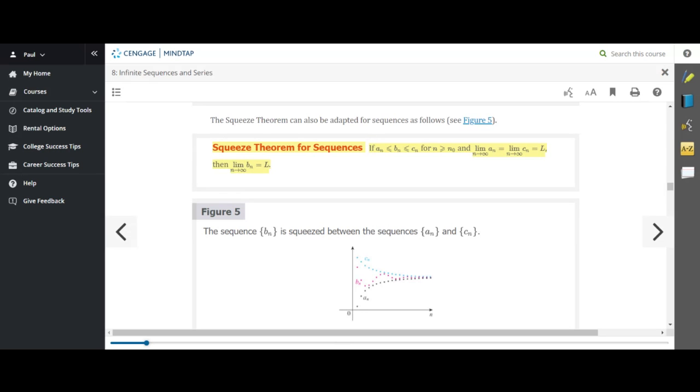Now let's apply them to some examples. Are there any questions before we move on? All right.